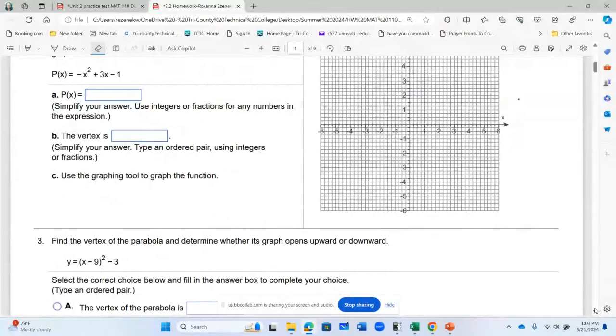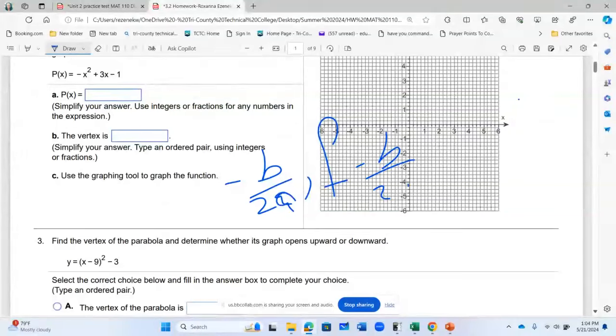If I'm told to use the formula to find the maximum point, this is what I'm going to do. I'll be given this formula: minus b over 2a, and then f of minus b over 2a. This is the formula for finding the maximum point.